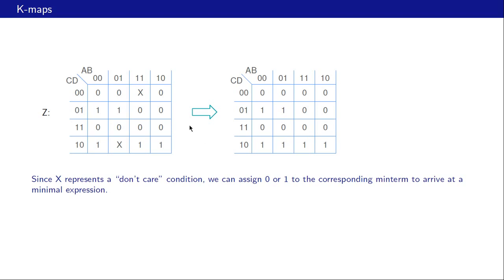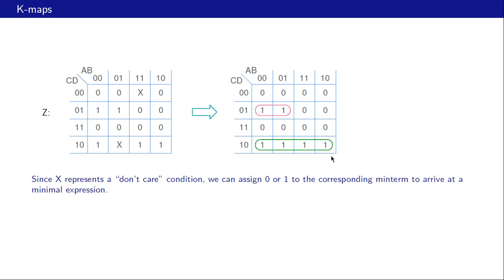Let us suppose that we make this x equal to 0 and make this x equal to 1. And now we find that we have a much better situation. These 2 ones can be combined with one rectangle, and these 4 ones can be combined with another rectangle.